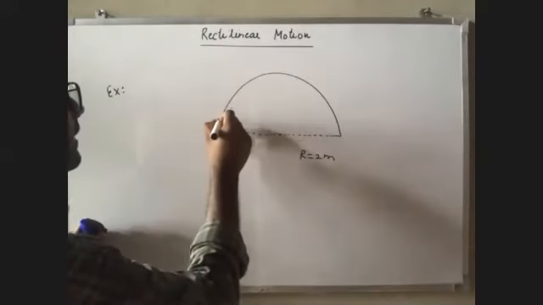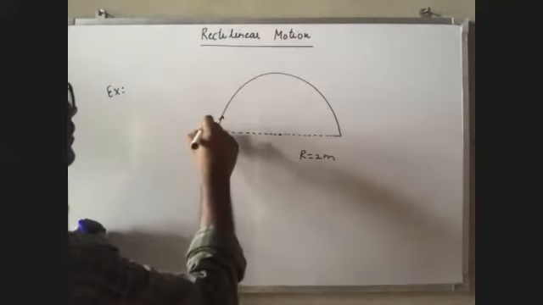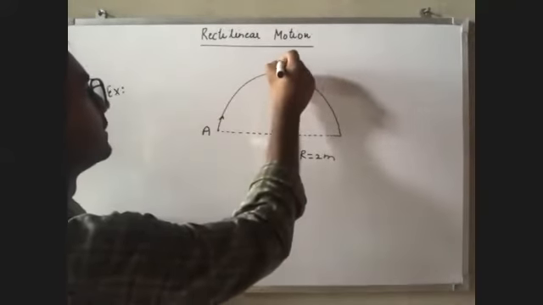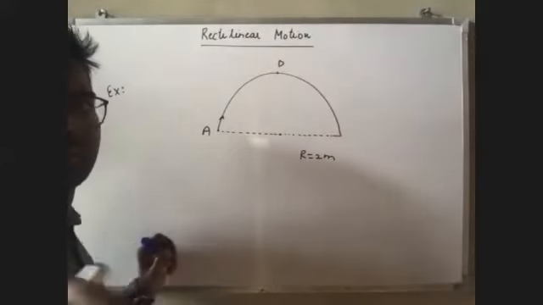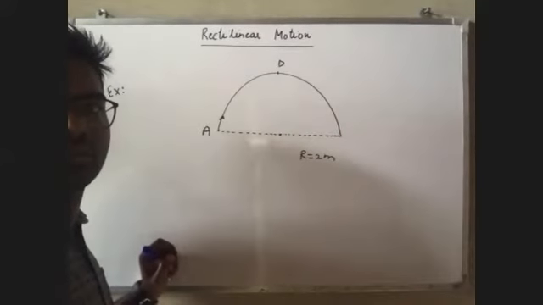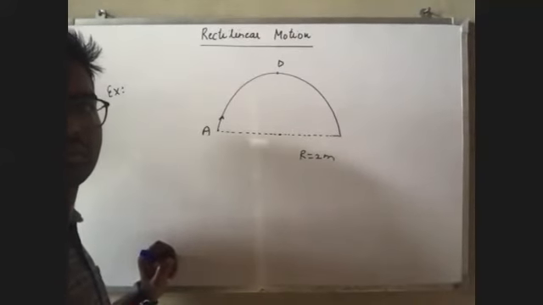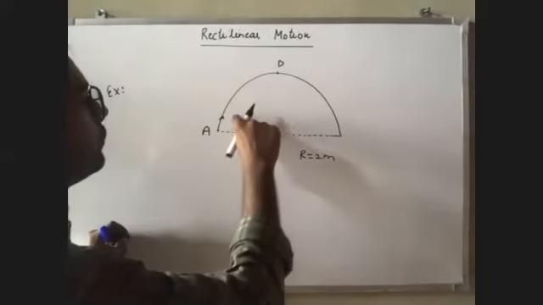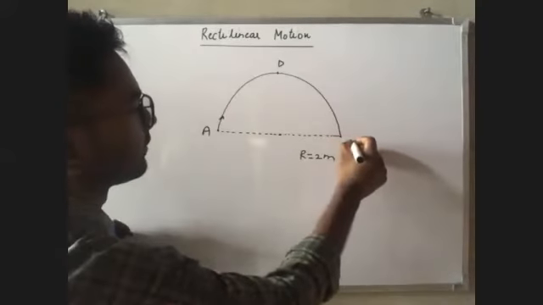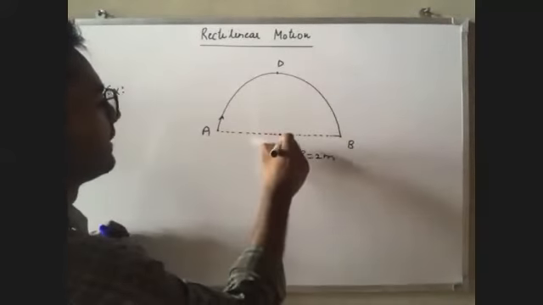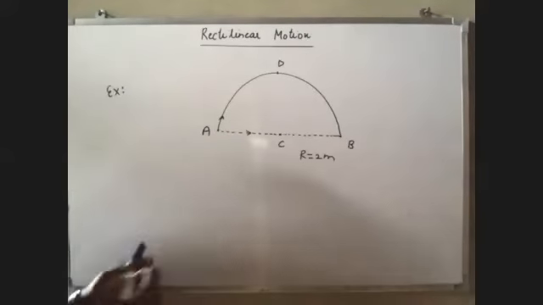Here, one particle is moving from A to B, and another particle is moving from A to C to B.